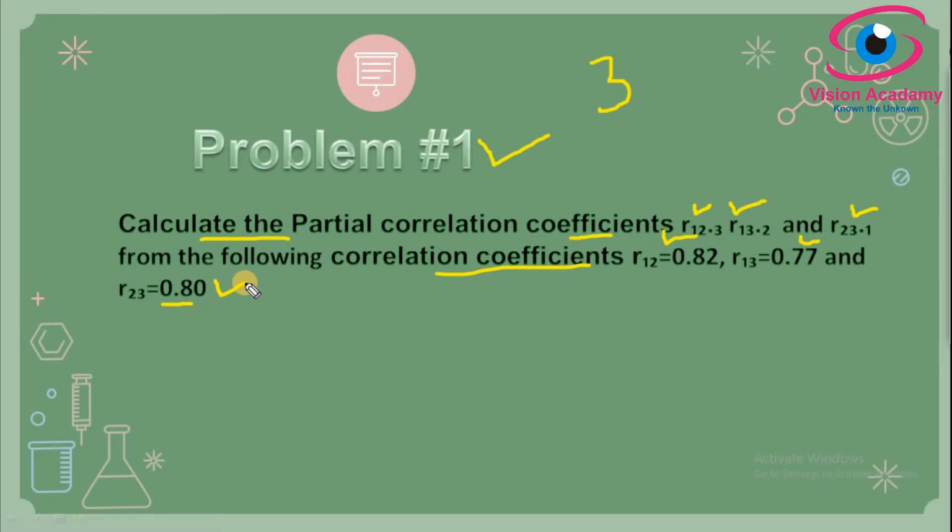If you want to know how to calculate them, you can go back to my last lecture on partial correlation and multiple correlation, where I have elaborately explained how to find the zero order correlation coefficient, which is also the total correlation coefficient between 1 and 2, here the total correlation coefficient between 1 and 3, and here the total correlation coefficient between 2 and 3. So then let's go for the solution.